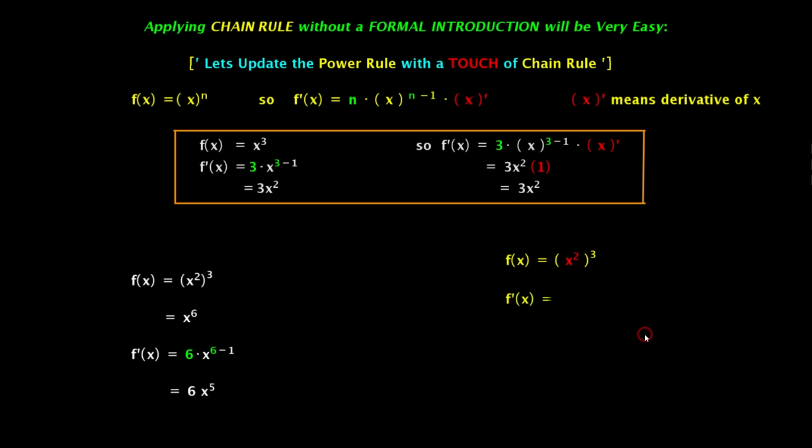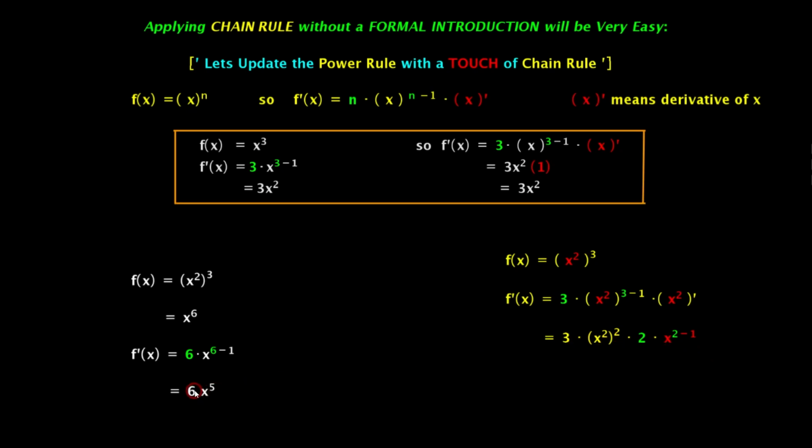So f prime of x is going to be 3 times the base with 3 minus 1, multiplied by the derivative of the inside. The inside power was x to the power of 2. This value is 3 times x to the power of 2, which was the base. We didn't simplify it, with a power of 2, multiplied by the derivative of the inside again. So it's going to be 2 times the x with 2 minus 1.